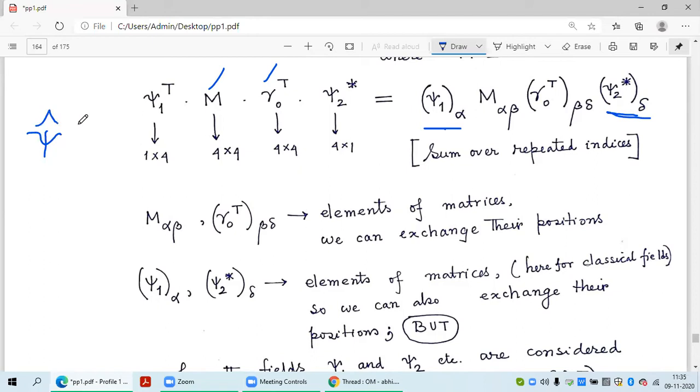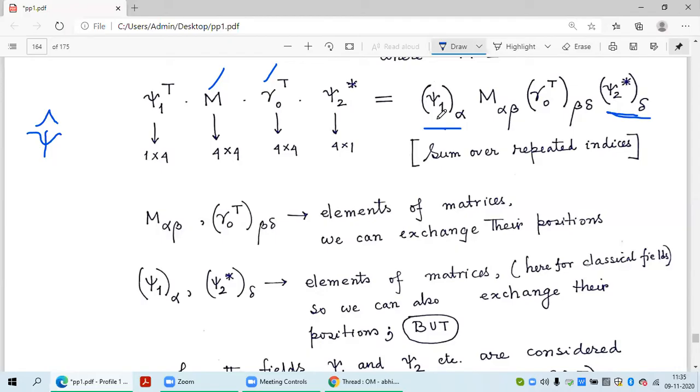I want to use this here because whatever I am doing, I have to apply finally in the context of quantum field theory. Therefore, if I don't use that, what we will get, I will also show.